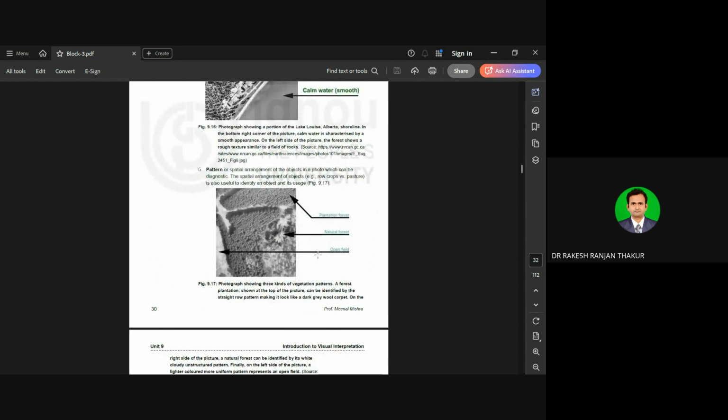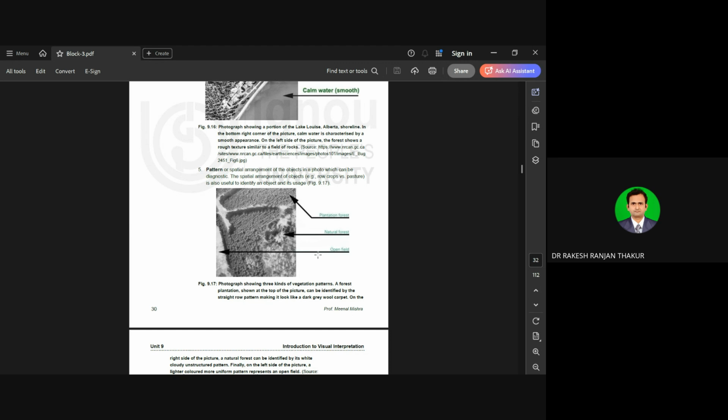Then here in another example, it is about a pattern. So what type of spatial arrangement do the particular objects have? For example, here you can see in the upper side plantation forest. In plantation, as it is a man-made thing, the boundaries are mostly designed by a human being.